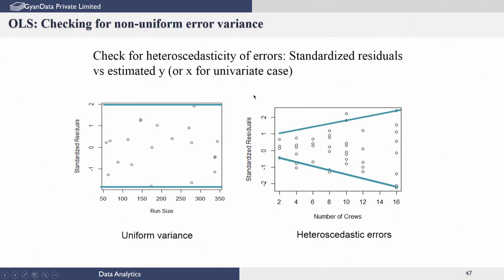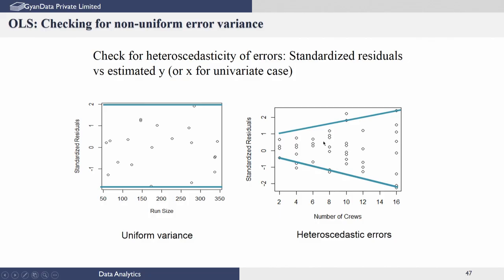A third thing that we need to test is whether the error variances in the data are uniform or have different variances for different samples. Again, here what we do is look at the residual plot: the standardized residual versus the predicted value is what you have to plot.